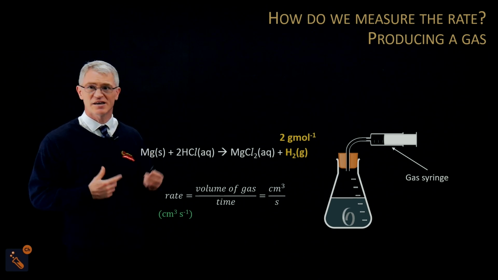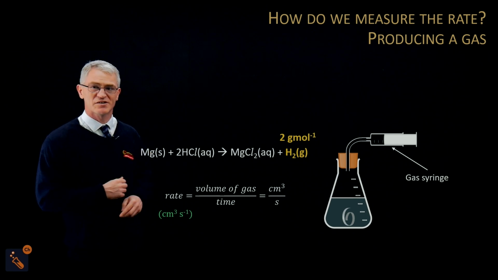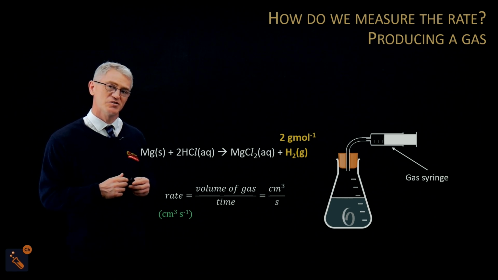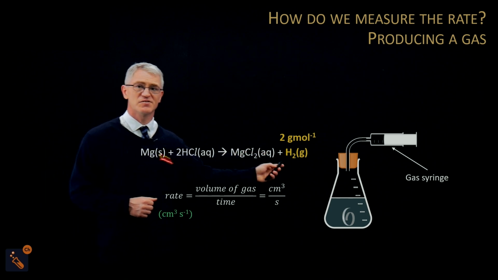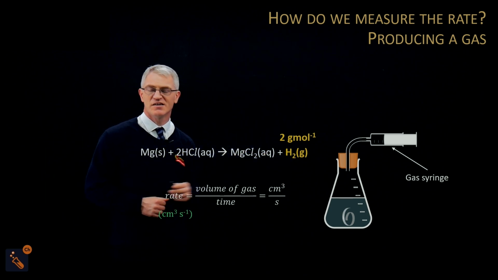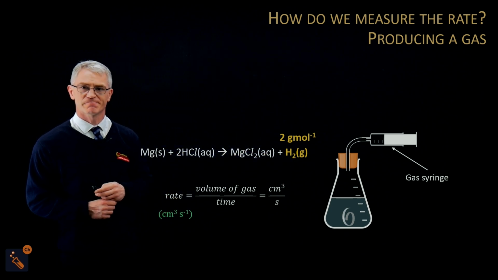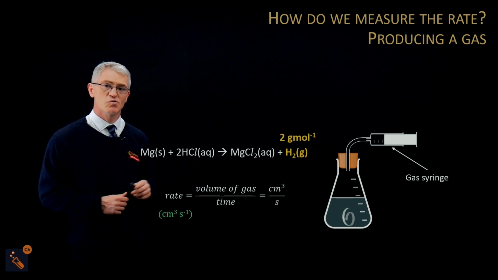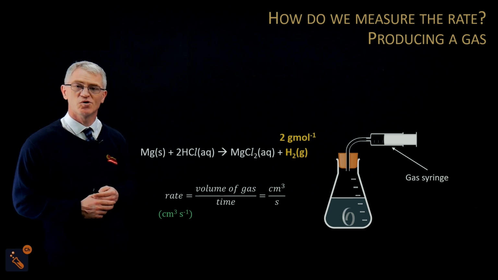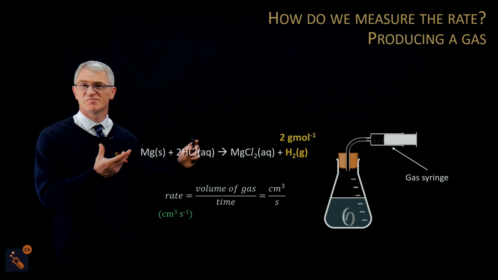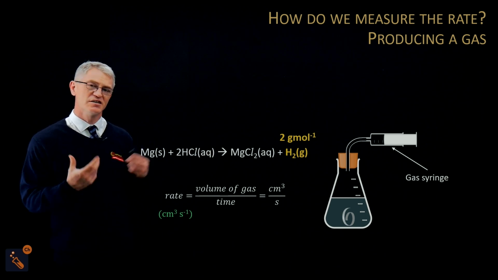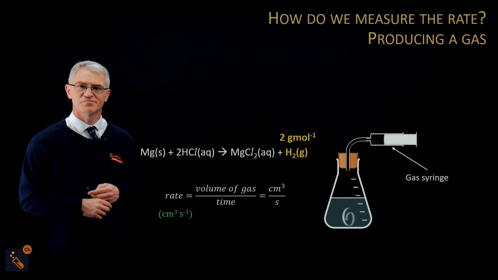You just don't lose that much in these small scale chemistry experiments, so you don't want to do it through the mass of the gas lost as it leaves the conical flask. So what we do is measure the volume of the gas instead, because at RTP, 1 mole of gas is equal to 24 decimeters cubed in terms of volume, so it doesn't matter whether it's hydrogen or carbon dioxide, it's still going to be a pretty big volume.